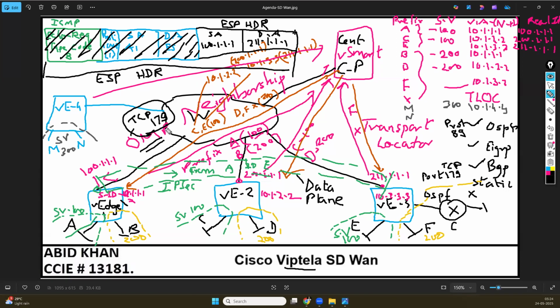Very important thing, OMP is at the heart of Cisco Viptela SD-WAN because ultimately the route exchange will happen through this protocol.